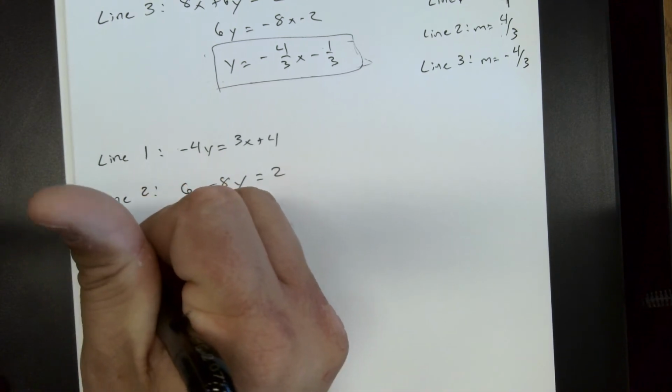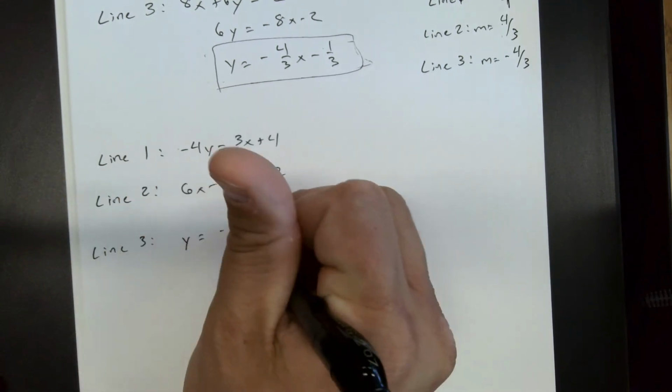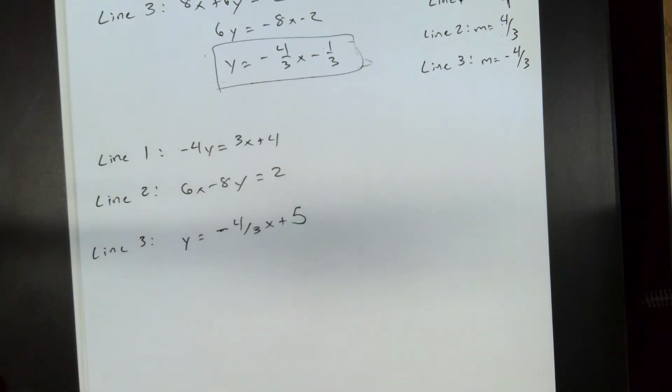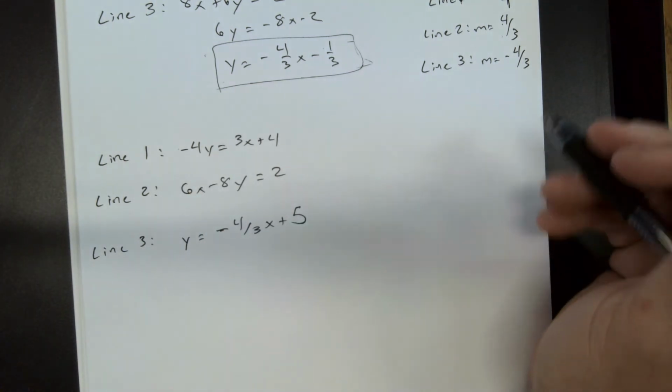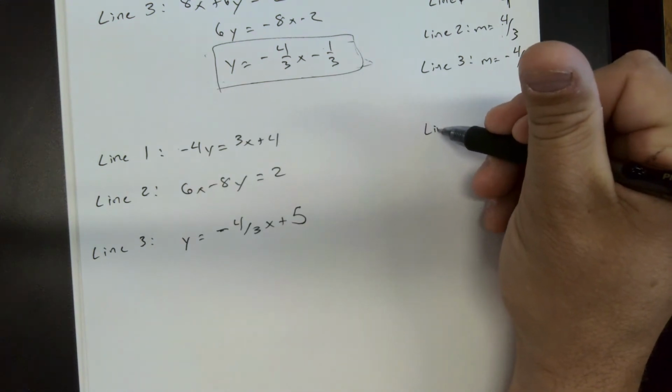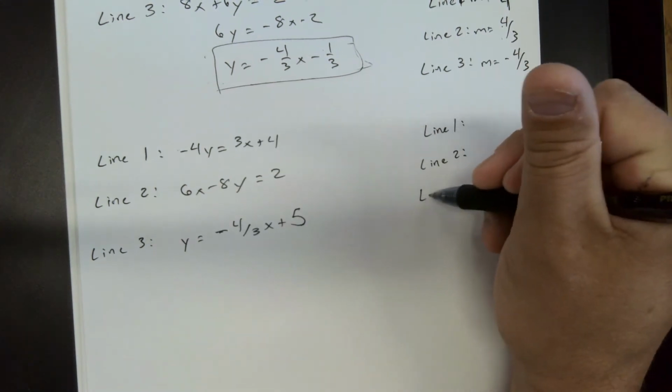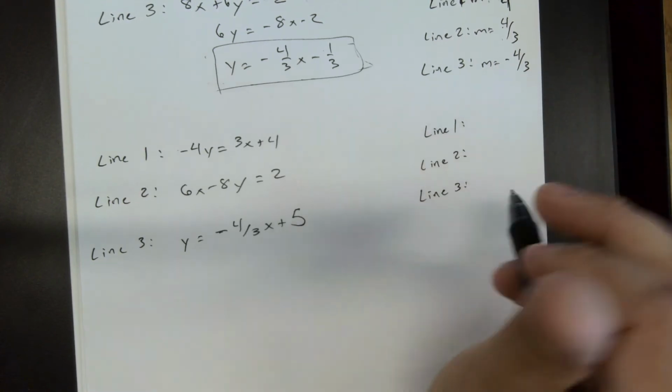And line 3 is y equals negative 4/3 x plus 5. I would get all slopes written off to the side, or if you can see them, that's fine too.